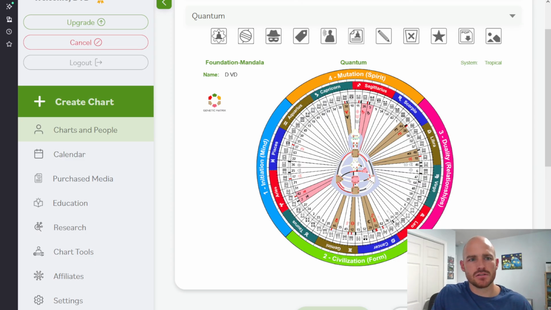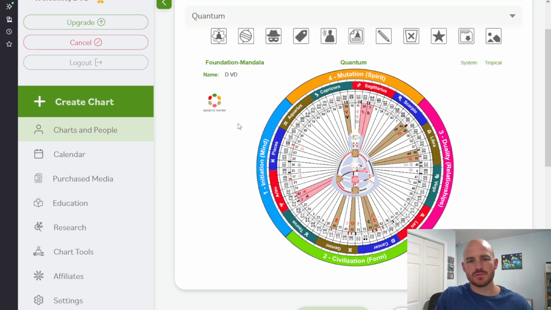So this is on Genetic Matrix. I have been using Genetic Matrix for all of these charts. They just do such a great job at being able to pull up different looks of the information, and they cover so many different things. It's really quite an incredible tool.